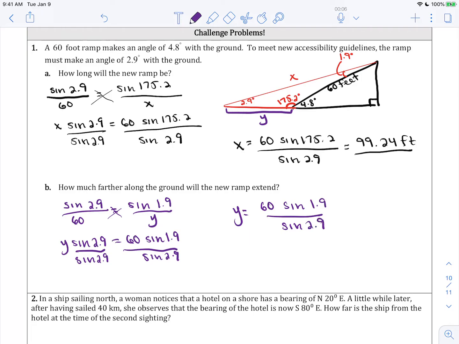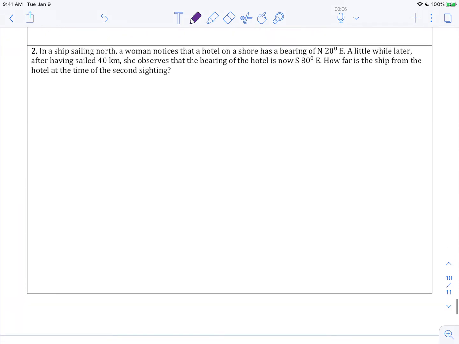Once you have your equation set up, you can plug all that in your calculator and you get that y equals 39.32 feet. That's how much further along the ground that would extend. Great. All right, let's try one more.